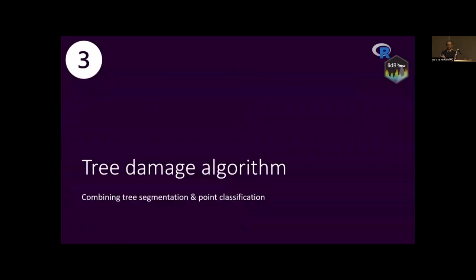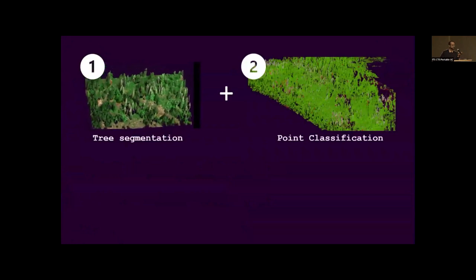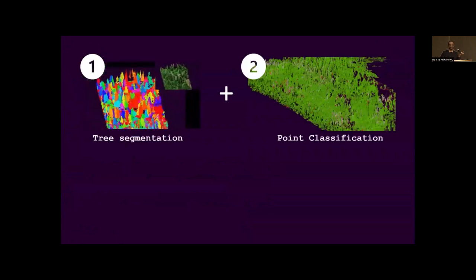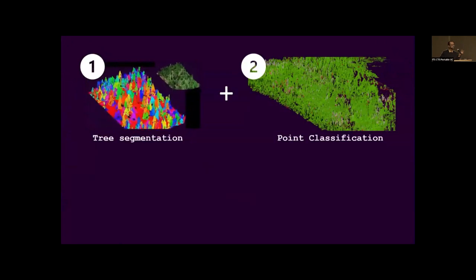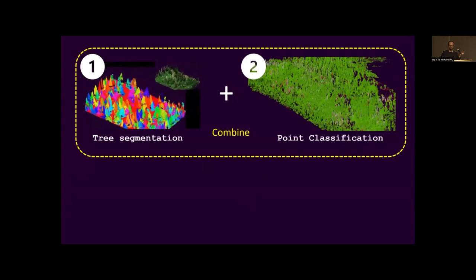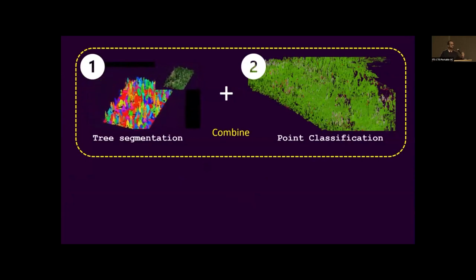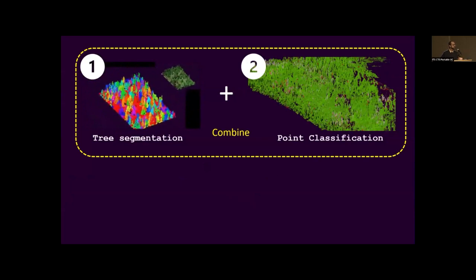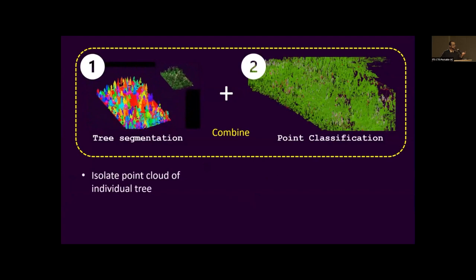Moving on to the third objective, I used the product from objective 1, tree segmentation, and then I used the model from objective 2, the classification of individual points, and I combined them. When I combined them, I got this intermediate product of classified points with segmented trees, and I used that to isolate the point cloud of each individual tree.